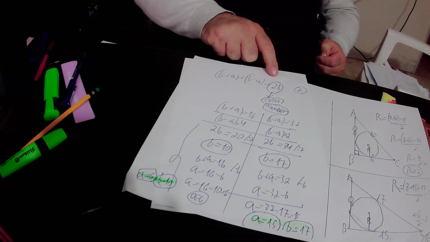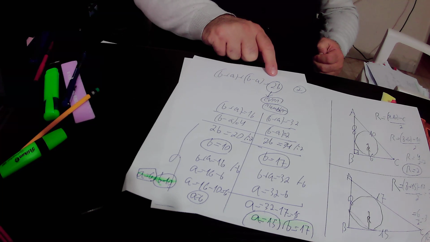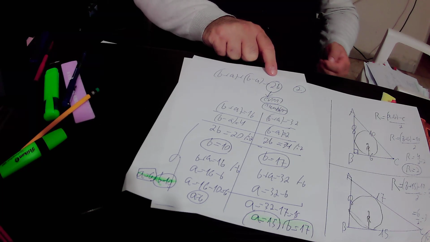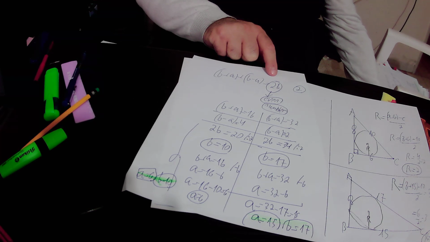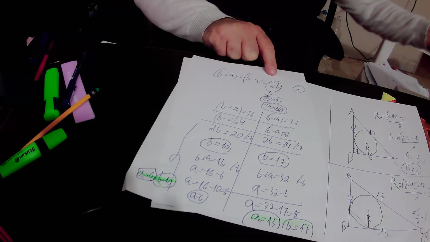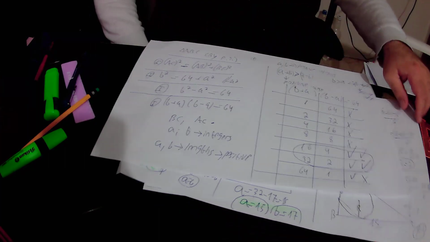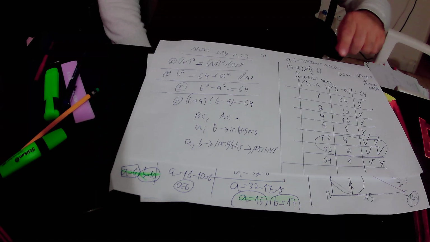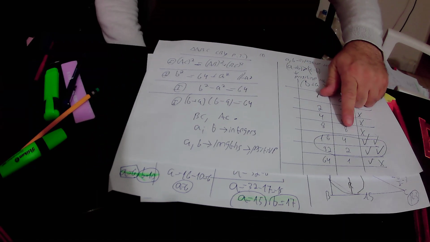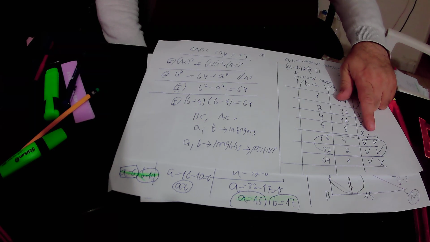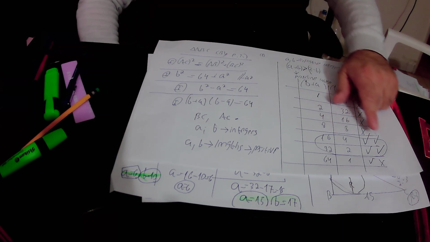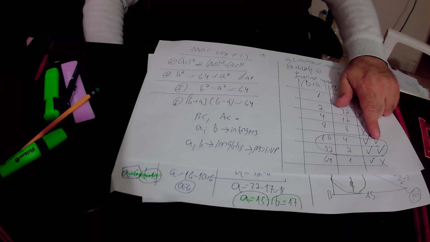That is to say, we can only take the options with even sums. So we will see which options give a positive even number when we add the two numbers together. 16 plus 4 is 20, it is an even number, so it is a good option. 32 plus 2 is 34, that is an even number, it is a good option.